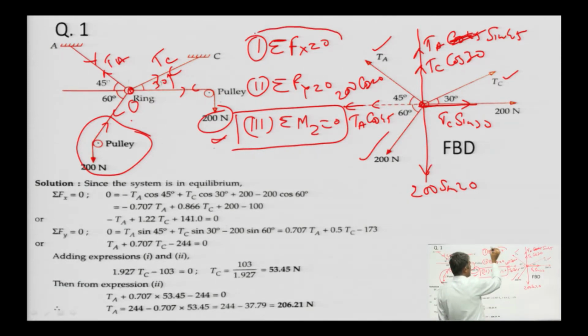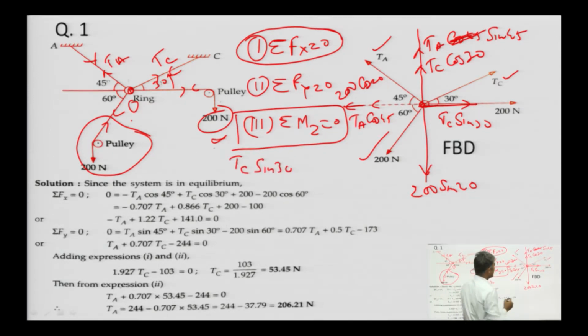If we apply the equation sigma Fx equal to 0, then what will we get? We will get TC sin 30, because it is acting in the positive direction, so we take it as plus TC sin 30.